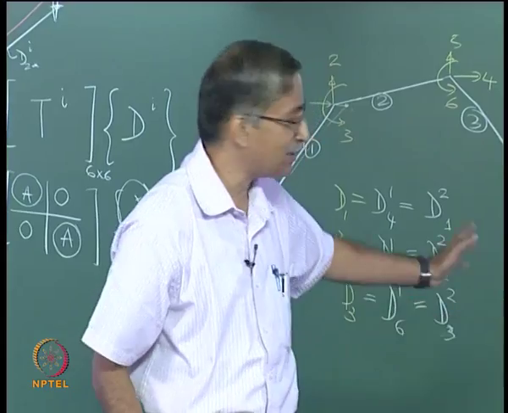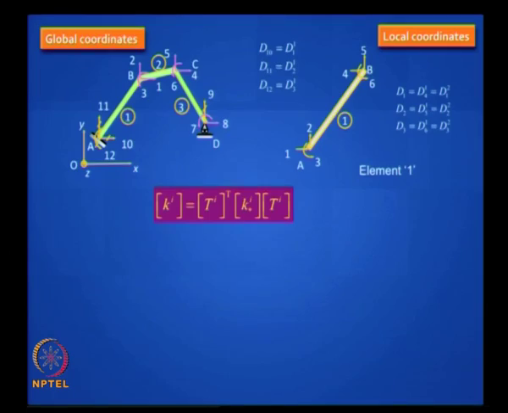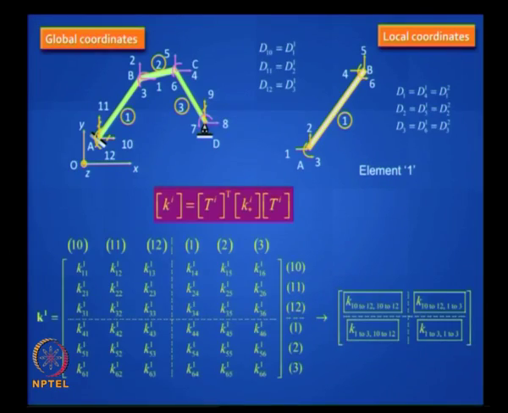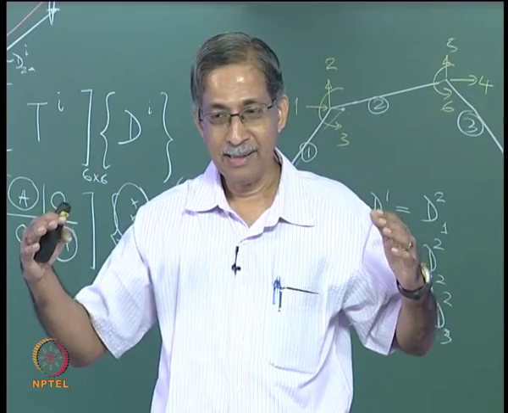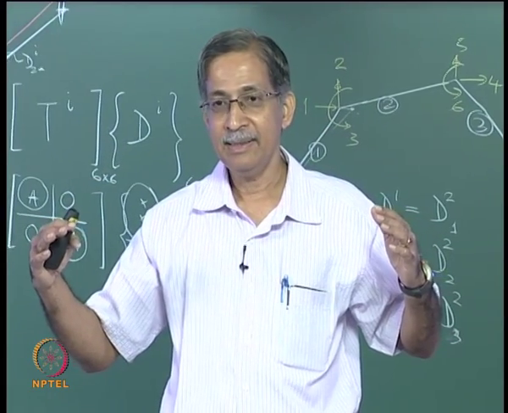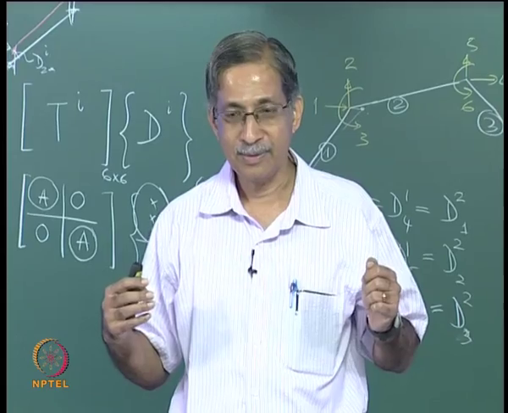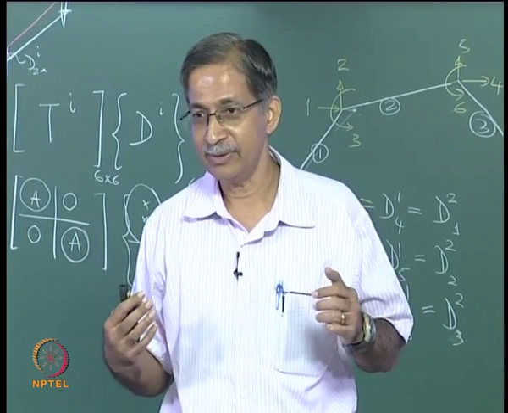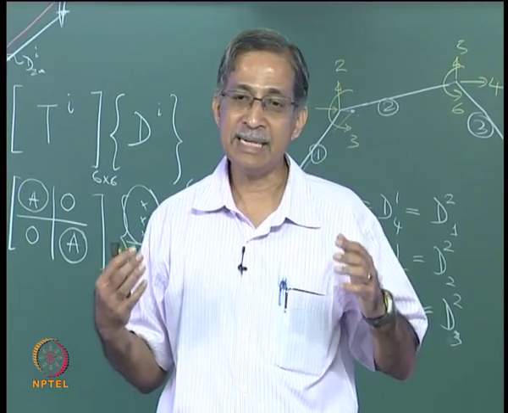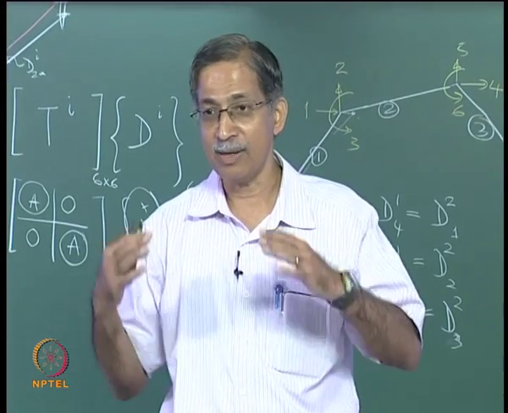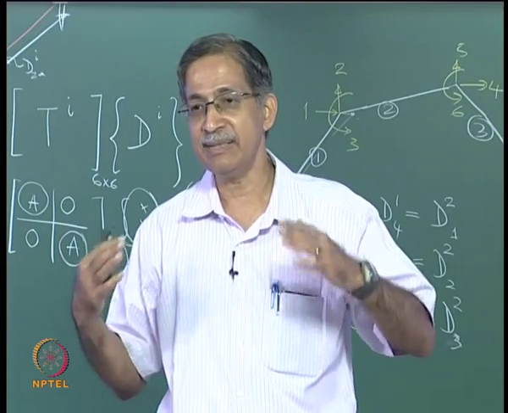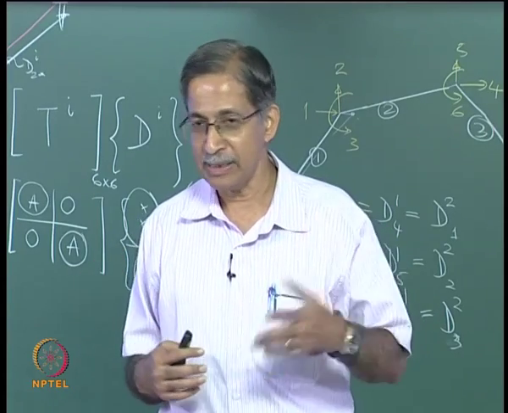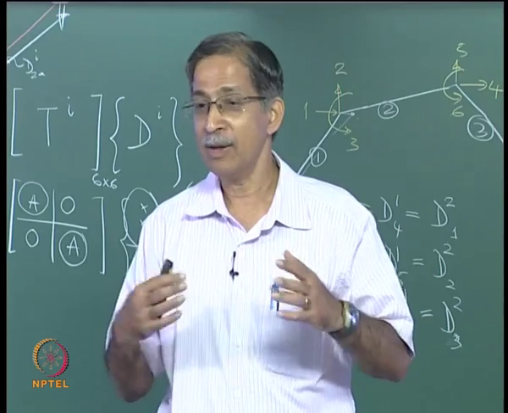You yourself spelt it out very nicely, and we need to do this transformation. How do we do it? I want you to see how you have got the three Ti values, you have got the 3 Ki star values, you do the Ti transpose Ki star Ti, you got the 3 Ki values. What are the Ki values? You have got the element stiffnesses. The computer does it effortlessly for all the 3 elements.